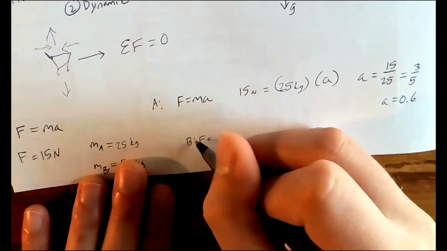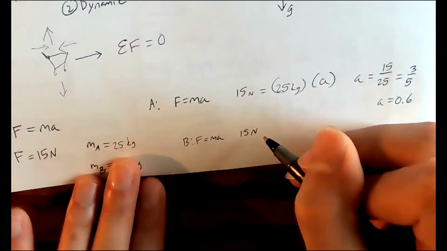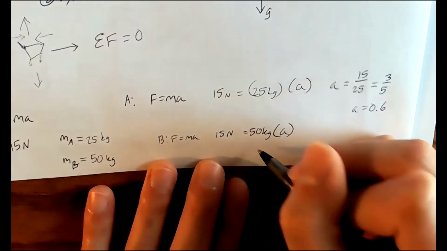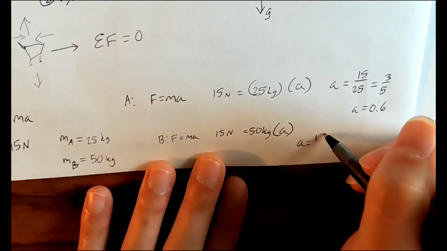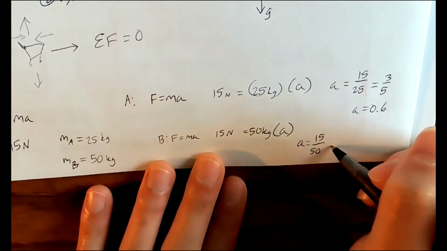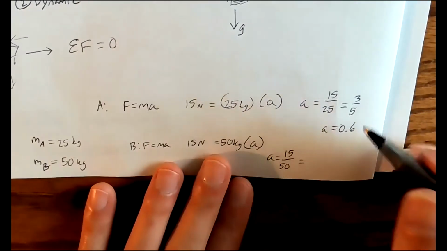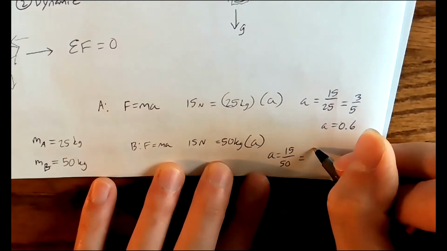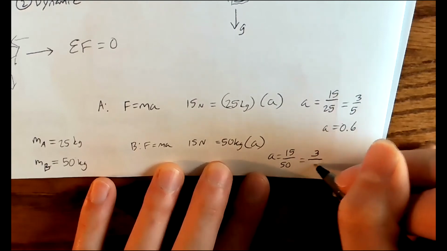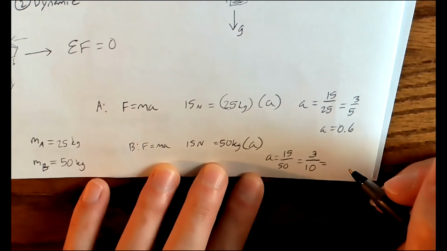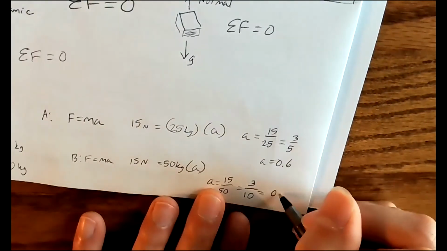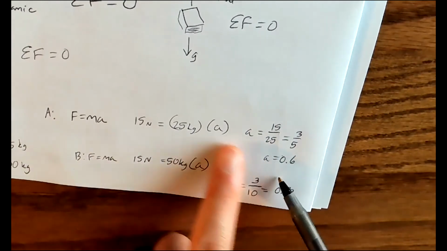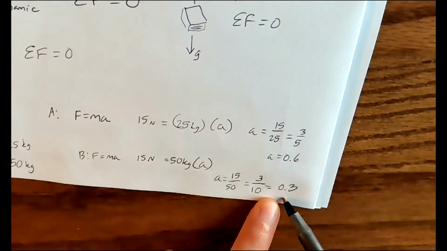For B, F equals ma. 15 newtons equals 50 kilograms times a. So a equals 15 over 50, and that will equal 3 over 10, 0.3.